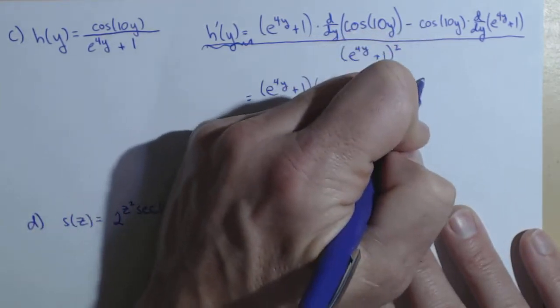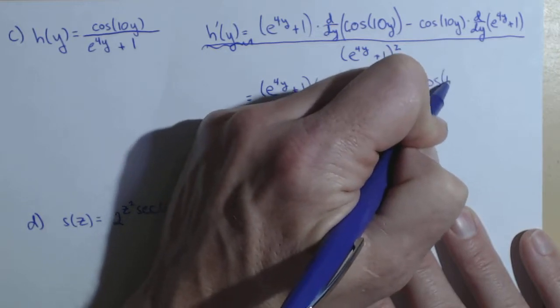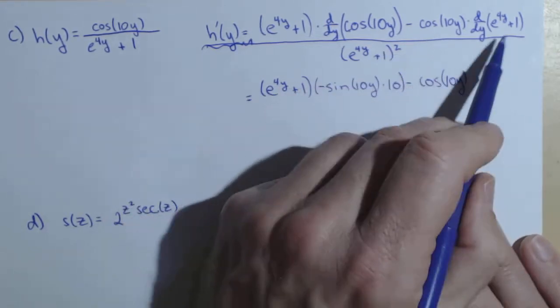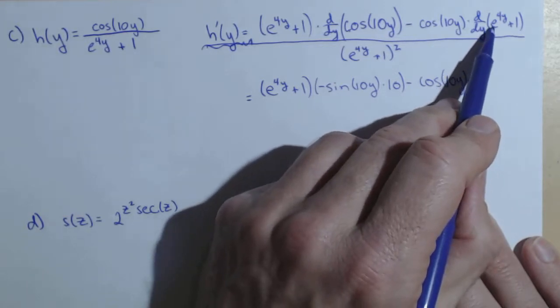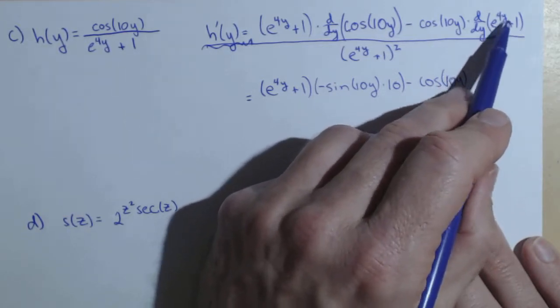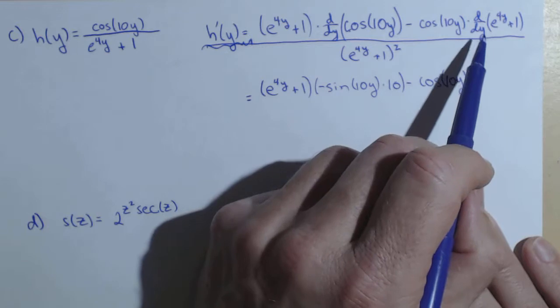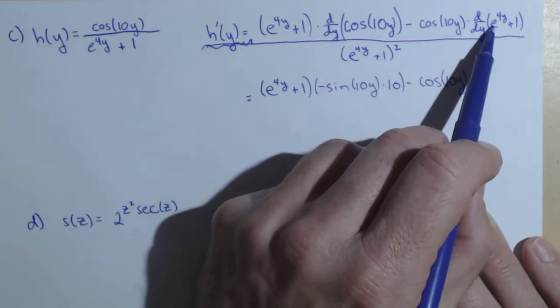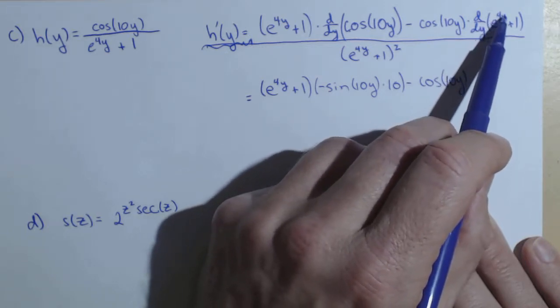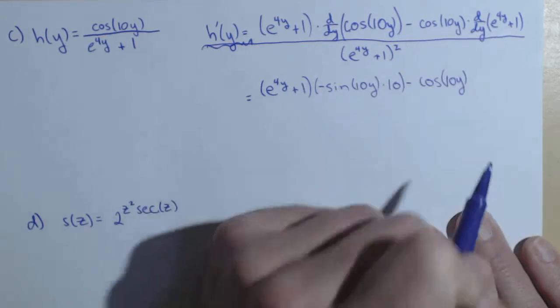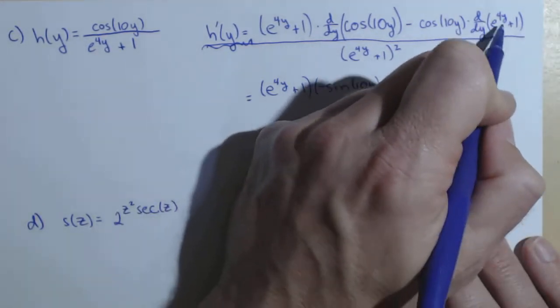Now we're going to hold the cosine of 10y constant, and this one will get done piece by piece. So first we encounter the derivative of e to the 4y. This is a chain rule because it's a composition. The outside function is e, the inside function is 4y. Now remember, a derivative of an exponential will always have itself in it.